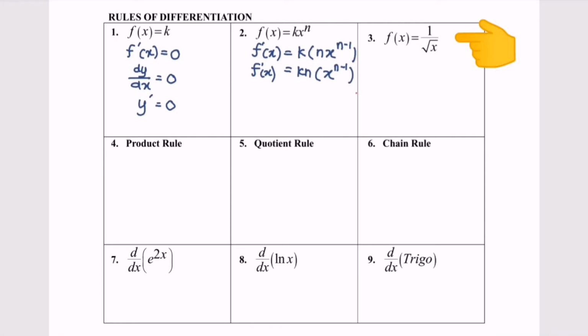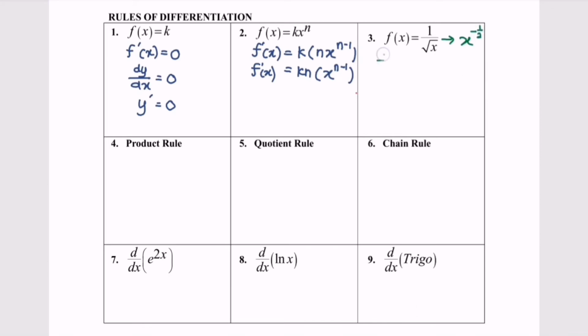The third one would be f(x) equals 1 over the square root of x. Before we start to differentiate, kindly modify the expression and we will have x to the power of negative 1/2.